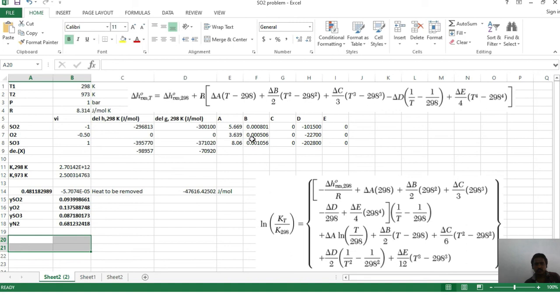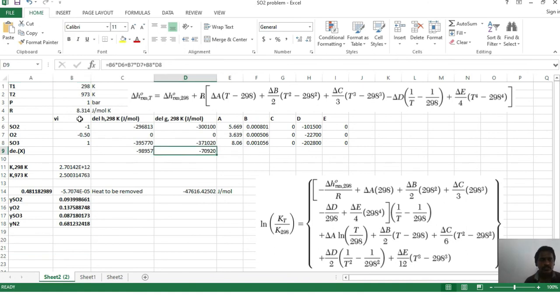I have successfully substituted the values of A, B, C, D, E in Excel for all three components. In order to calculate del A, del B, del C, del D and del E, let us apply the same methodology which we used for the calculation of del H and del G. To simplify the process, let me modify the formula here.